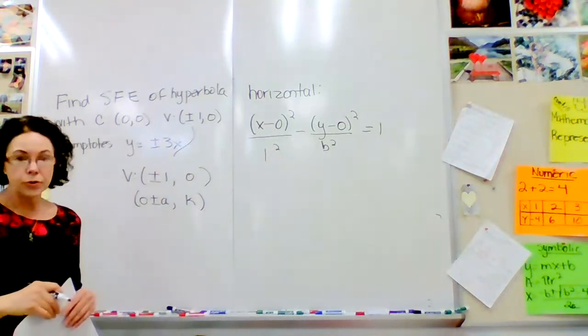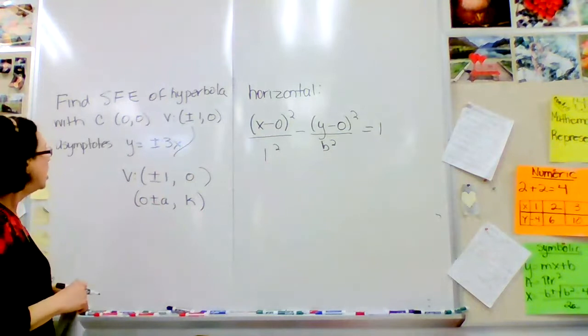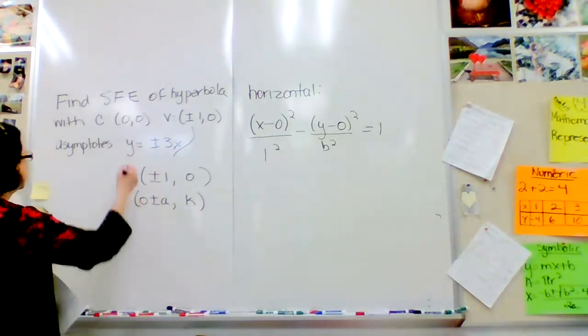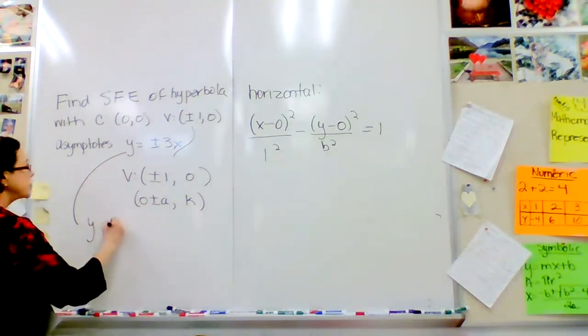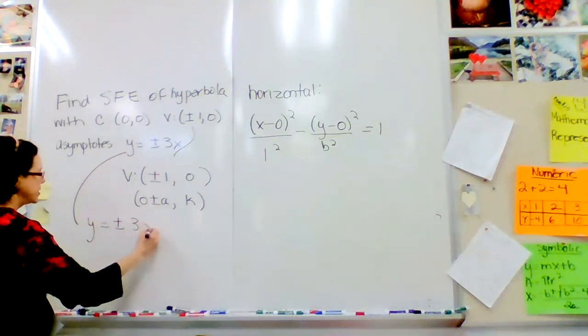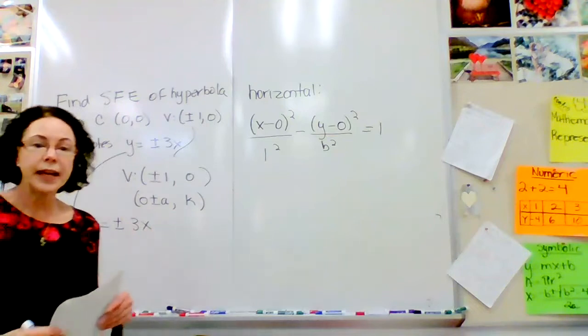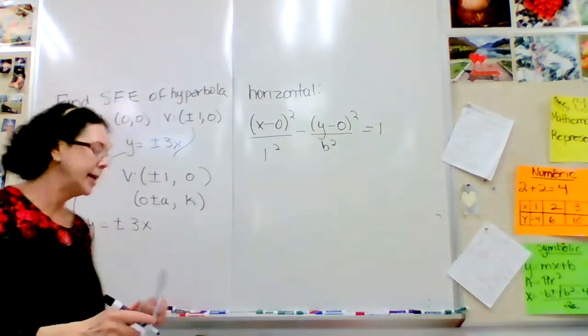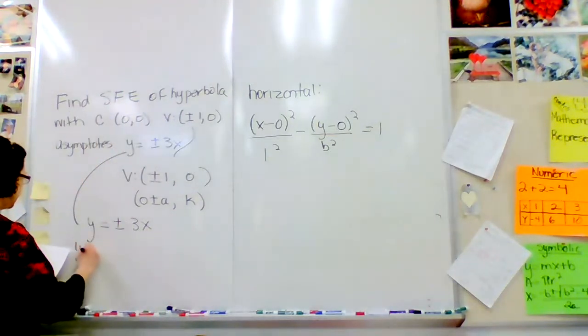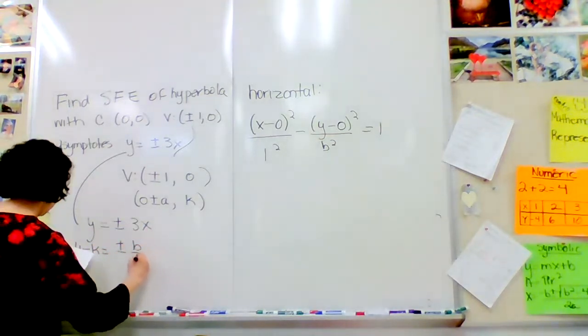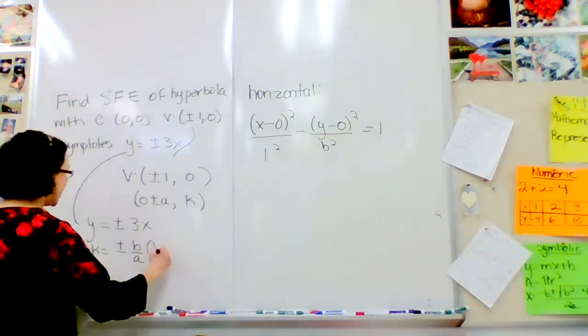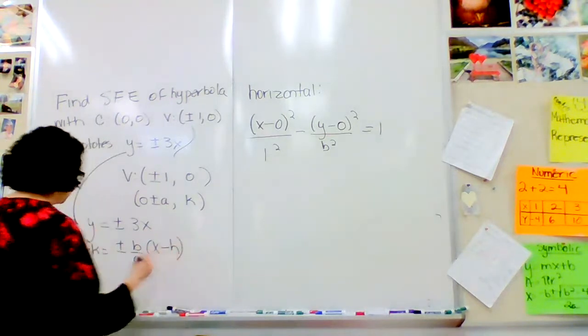right? Now, to find my b, all I have left to work with is the asymptote here, y equals plus or minus 3x. I'm going to write the equation for the asymptote underneath so I can compare. Y minus k equals plus or minus b over a times x minus h. Okay.